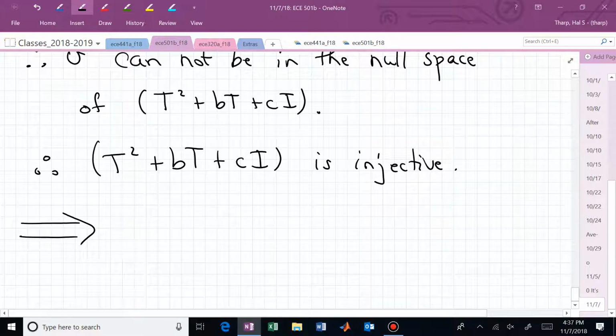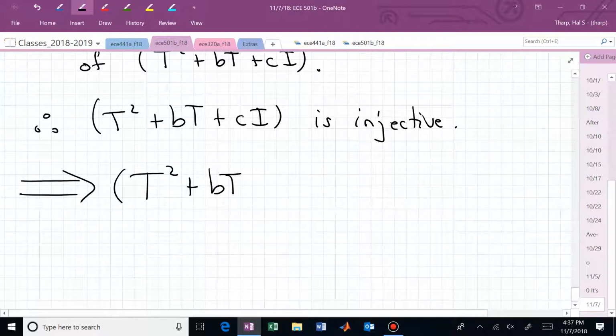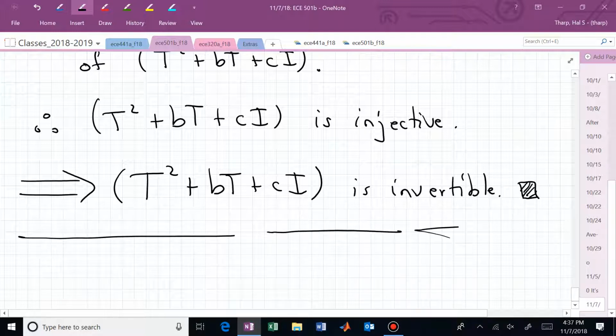And now from that earlier result on operators, these are equivalent statements, it's surjective and it's invertible. So now we know that t squared plus bt plus ci as an operator is invertible. And I think that's what we were setting out to show. That was our lemma. That was lemma 726.